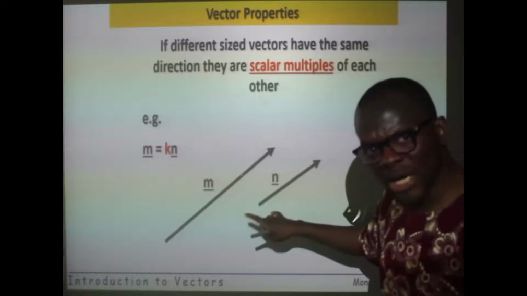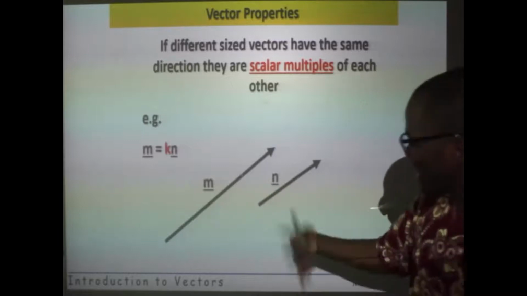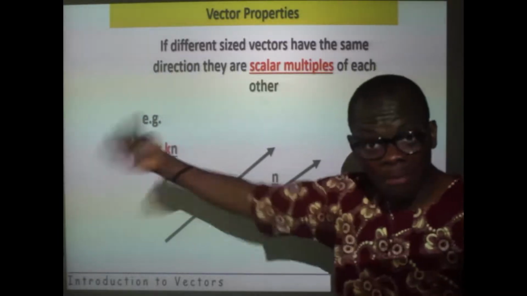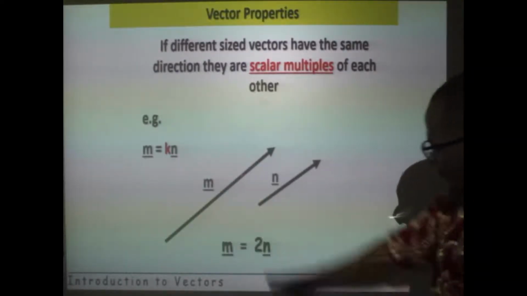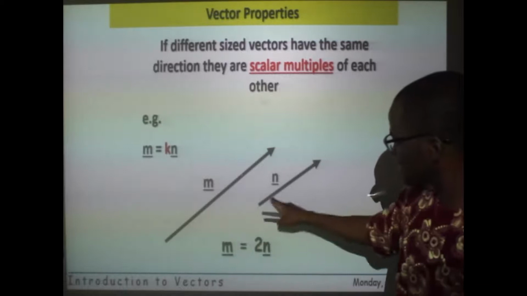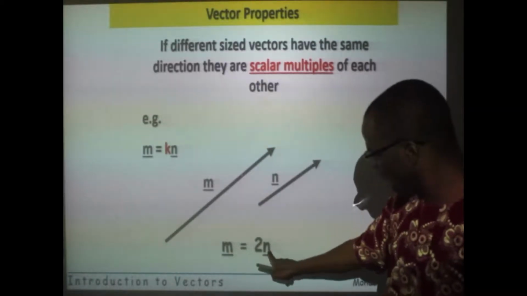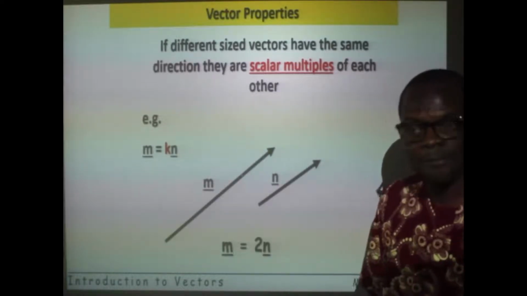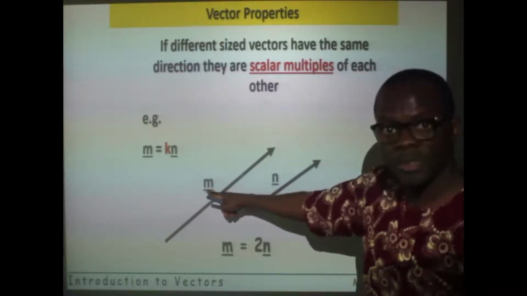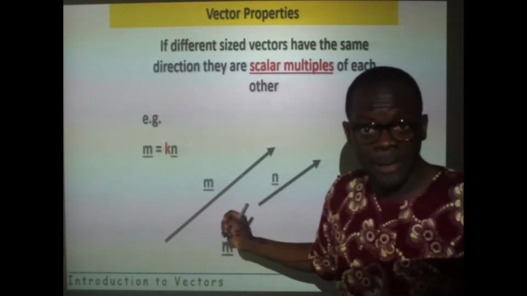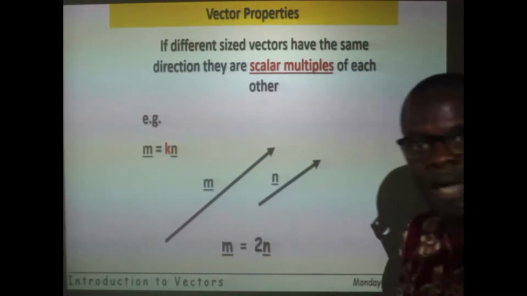If you look closely, you can get two of this in that. So we can write the vector m as a scalar multiple of the vector n. m will be twice as long as n. They're both pointing in the same direction, but one is twice as long as the other, which is what we've denoted here: the vector m is equal to 2n.